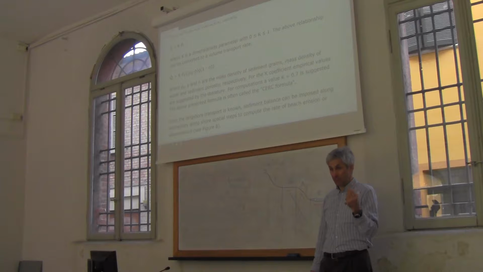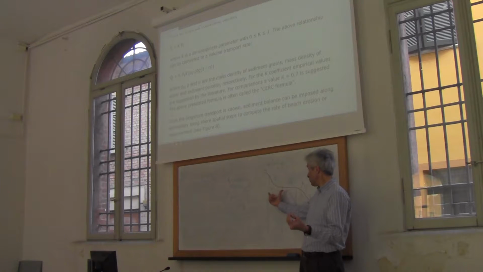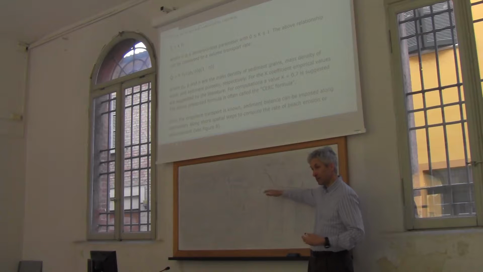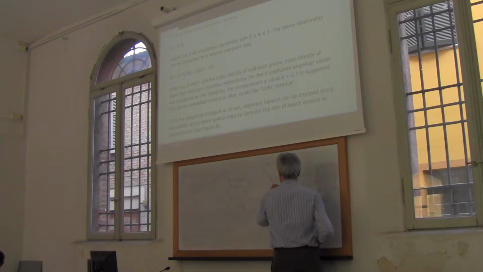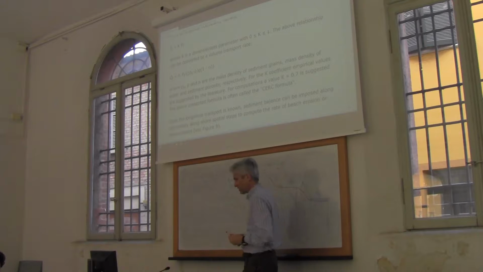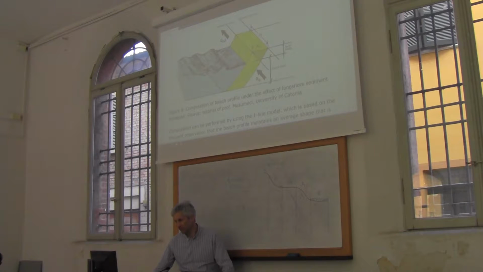If you make this assumption, and you know the volume of sediments that is mobilized, you can compute this delta. Let me call it epsilon. I'm not sure, because I'm now going to show you the figure.